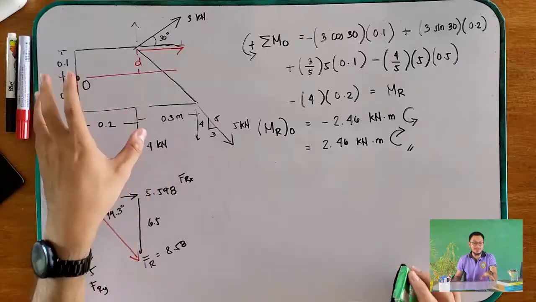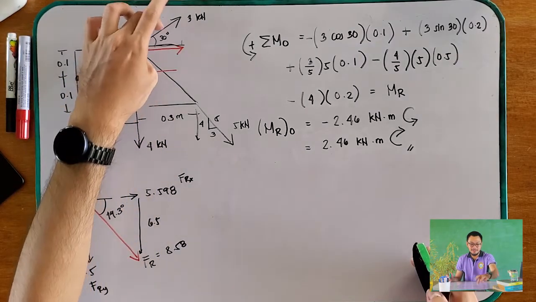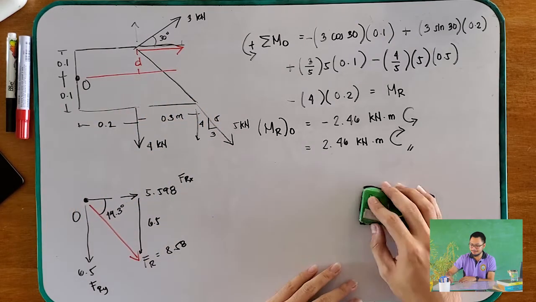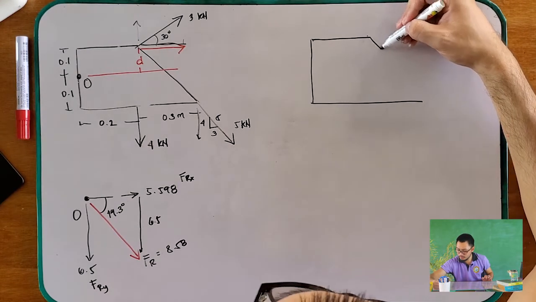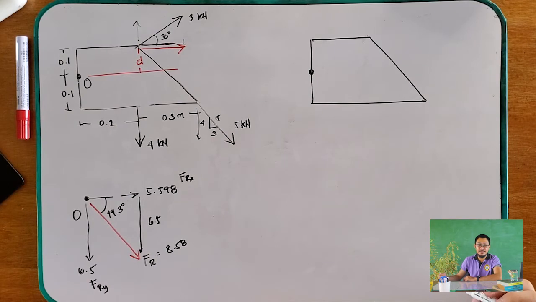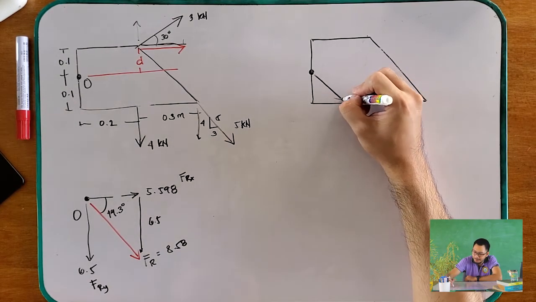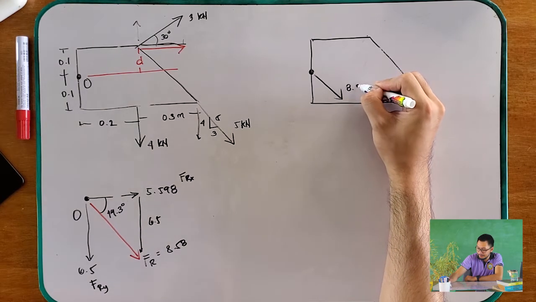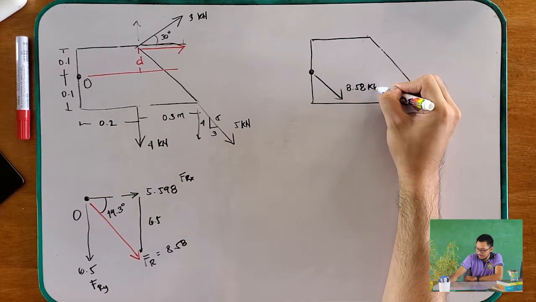Sige, let's draw this one again, but instead of showing these three forces, ato siya i-simplify sa katong atong na-solve. So, this is your point O. And we have here our FR. And our FR has a magnitude of 8.58 kilonewtons.